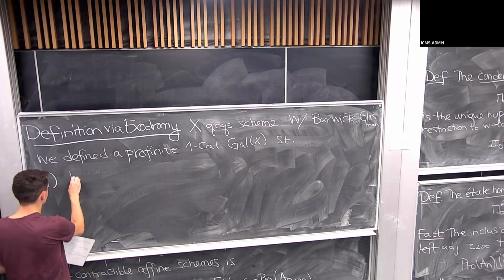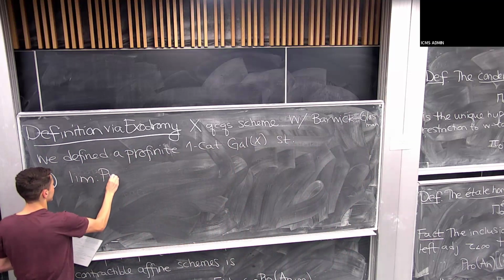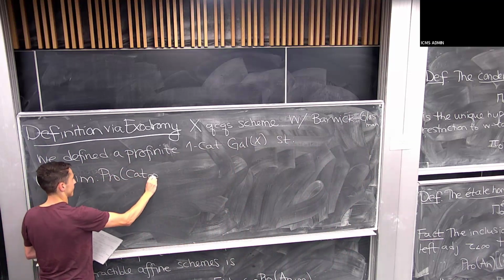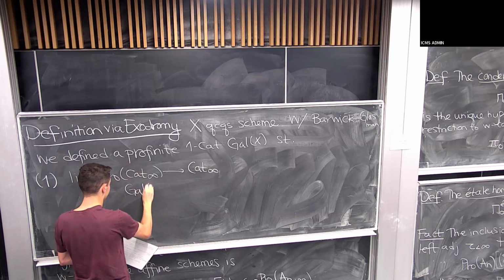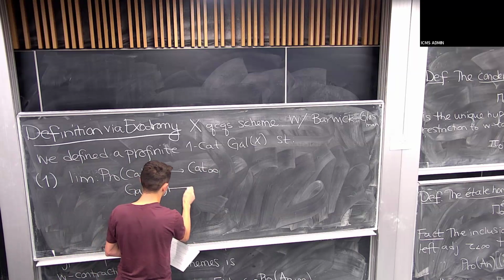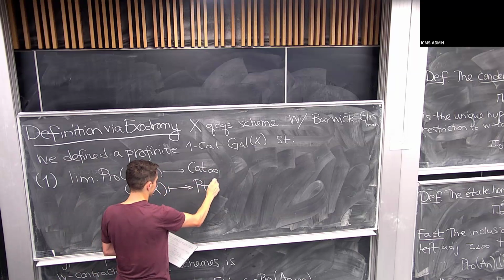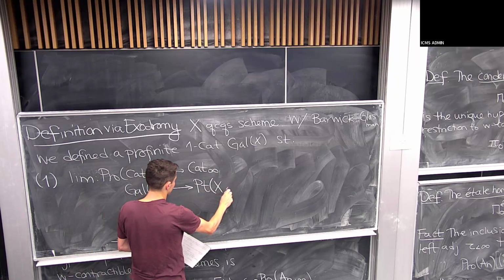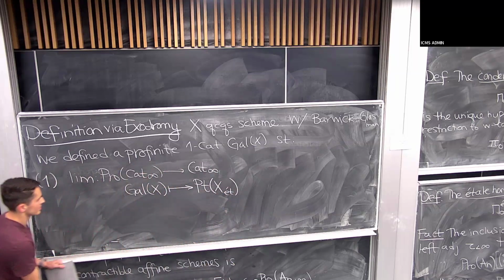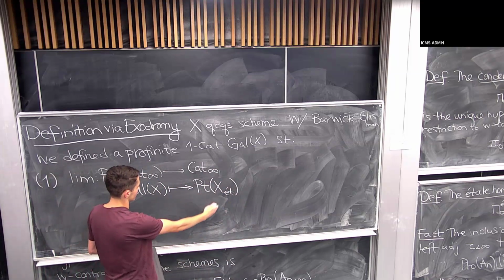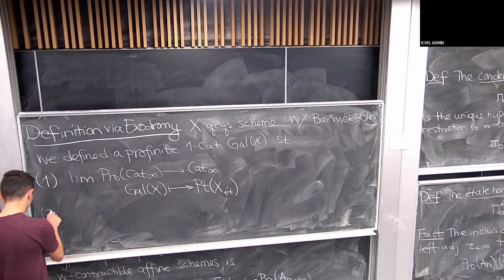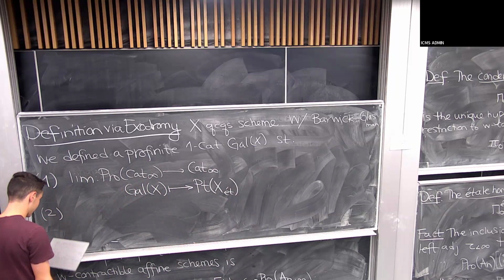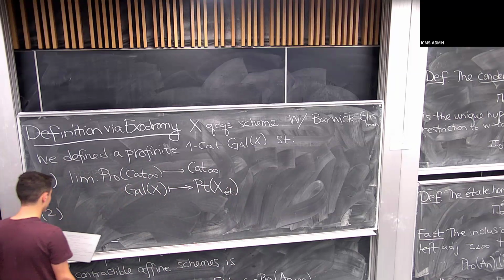If you take the limit of this pro system, this Gal X goes to something that's understood very classically already in SGA4, which is what's called the category of points of the étale topos. So it has some objects which are geometric points, and then the morphisms are specializations in the étale topology. And then the second key property is a relationship to the étale homotopy.